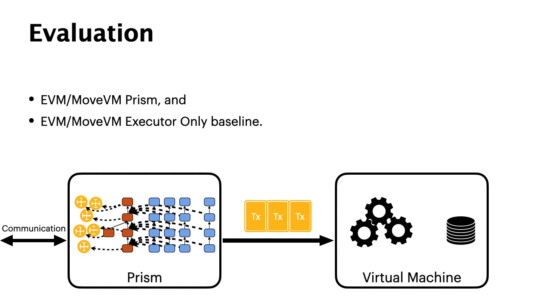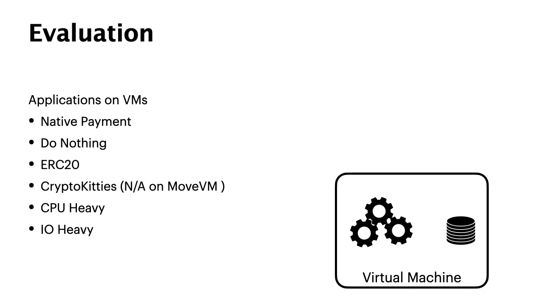To run the experiments, we chose 6 applications on the virtual machines. The first is native payment, that is payment of Ether in EVM and payment of the Libra coin in MoveVM. The second is do nothing. It literally does nothing. The third is ERC20 token. It is a token standard that everyone can create, and the tokens can be transferred.